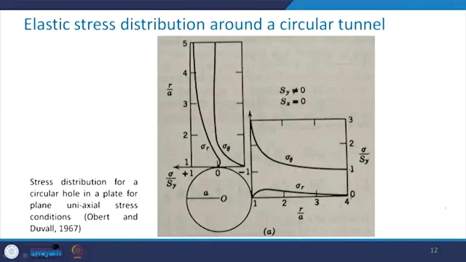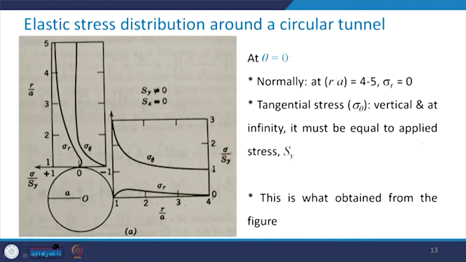These stresses have been obtained as a part of the stress concentration factor, and the radial distance has been normalized with the help of the radius of the tunnel. That is, all the data has been presented in the form of r upon a. Let us have the detailed discussion about this.